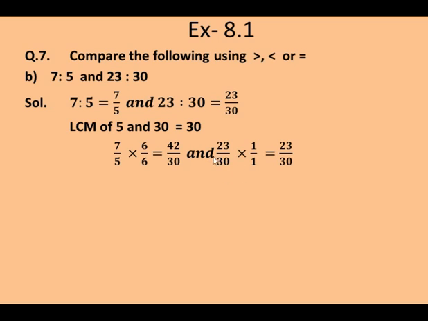Because in 23/30 already 30 has been given, so we multiplied by 1. Our LCM is 30 and here 5 6s are 30, so we have multiplied by 6. So compare the numerators. 42 is greater than 23, so we can say 7:5 is greater than 23:30.